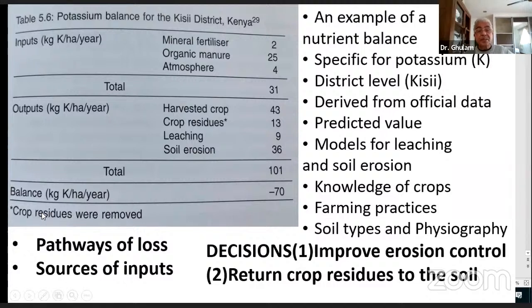The current practice at that time was to remove the crop residues, but they should find ways of returning the crop residues because the crop residues contain potassium, since you are working on the potassium balance. So that's why I said here, decisions: improve erosion control throughout the district and return the crop residues to the soil as far as possible if it doesn't interfere with the enterprise.